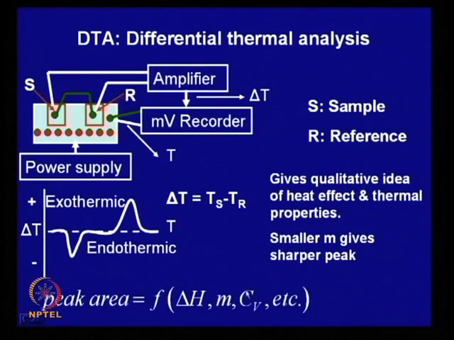It will also be a function of some thermal characteristics of the material, let us say specific heat, thermal conductivity, etc. And it is seen that the sensitivity of this type of measurement increases, the peaks become sharper, if m is less.